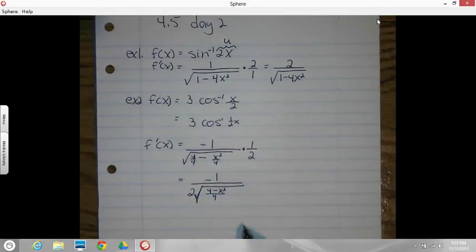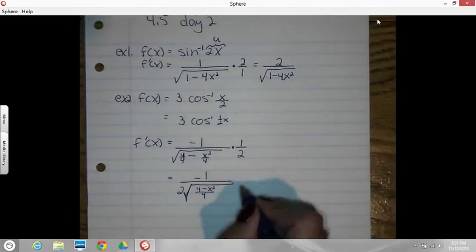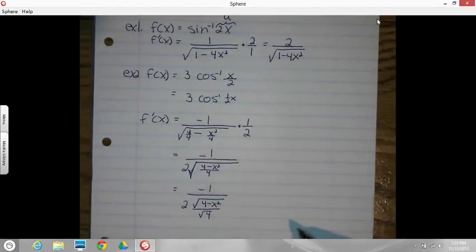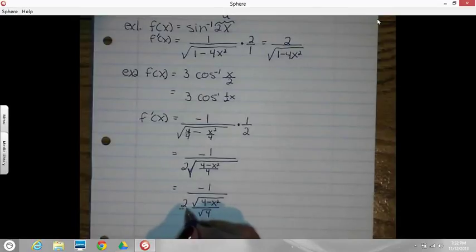Now I'm at a spot where I can take the square root of the top and the square root of the bottom separately. I'll go down. -1 over 2 square root of the top over square root of the bottom. And now what happens here, think of that as 2 over 1. Square root of 4 is a 2.